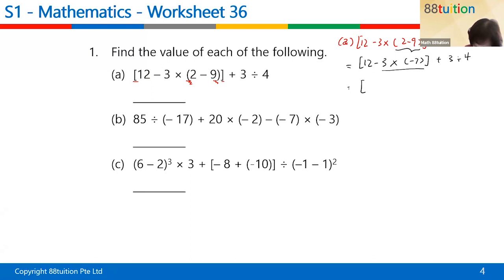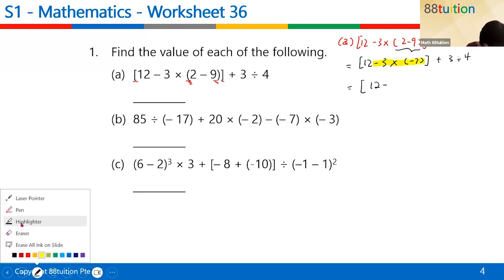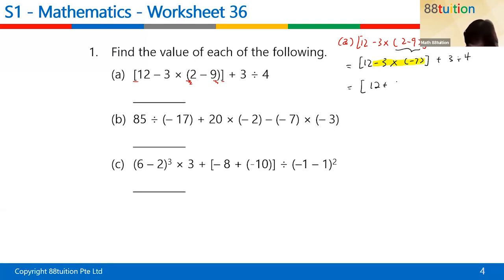So I go on: 12 minus 3 of negative, that means minus 3 minus 7. Minus 3 multiplied by minus 7 gives you positive 21, plus 3 divided by 4.